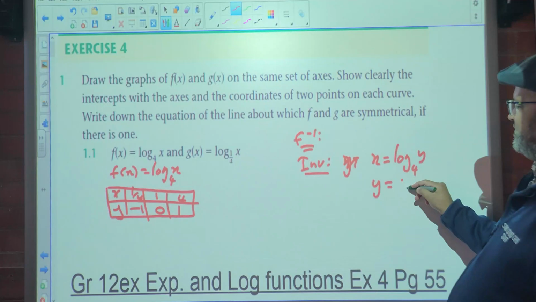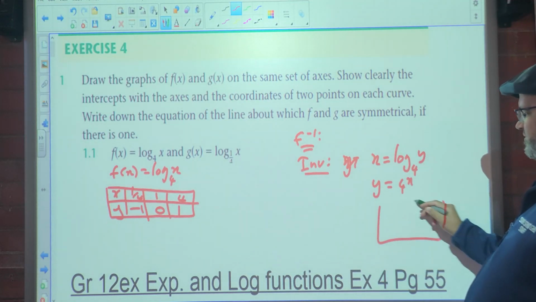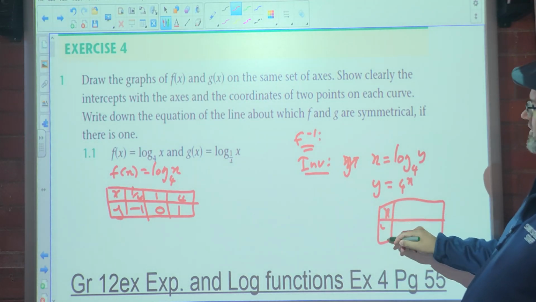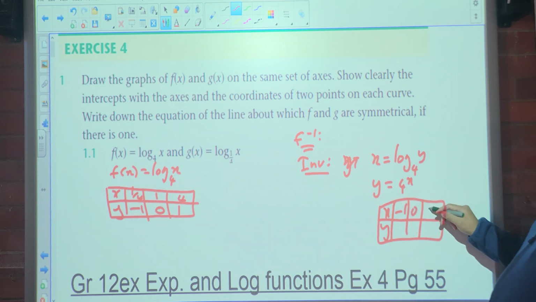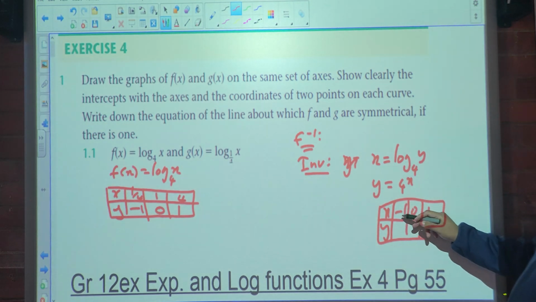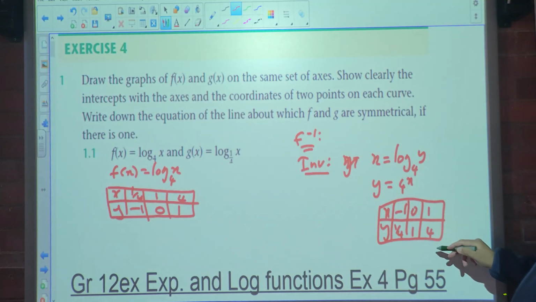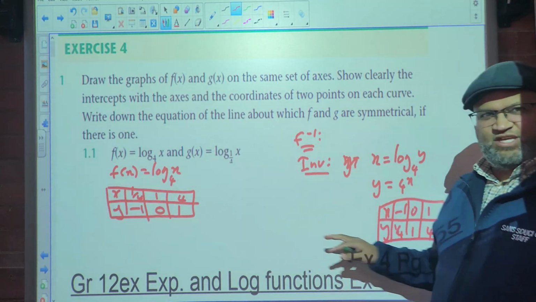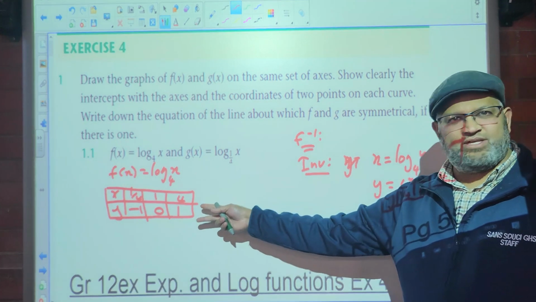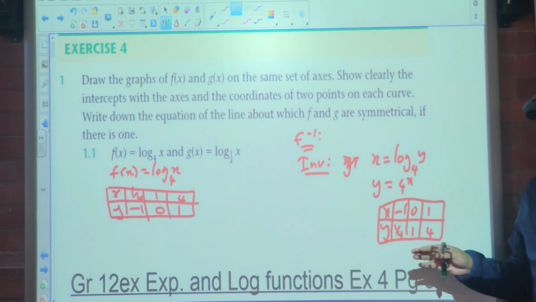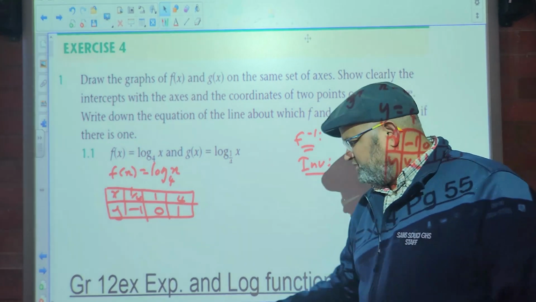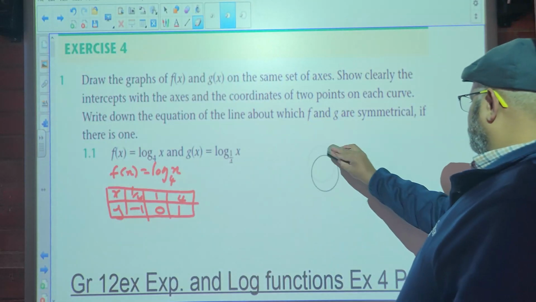So y is equal to 4 to the x. I draw this table, x and y: negative 1, 0, 1. So it will be a quarter, 1 and 4. And what do I do for its inverse? I swap it around. So either way, you should get the right graph there.